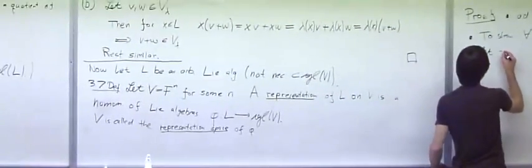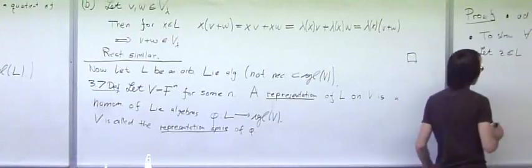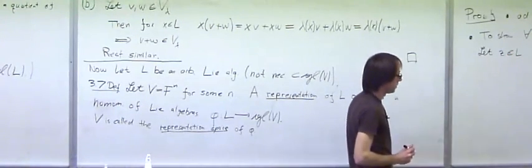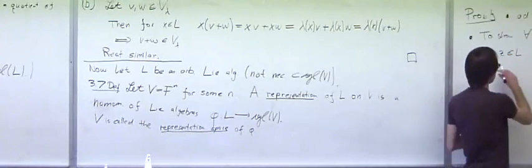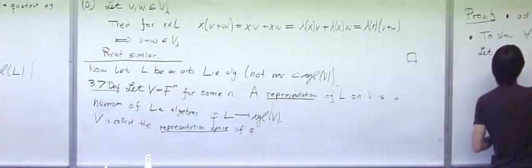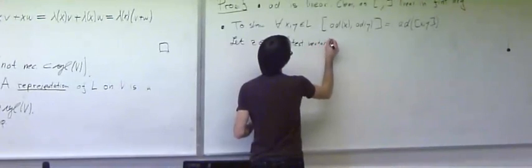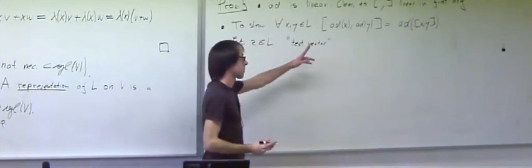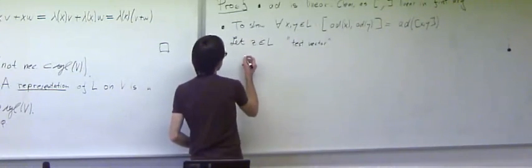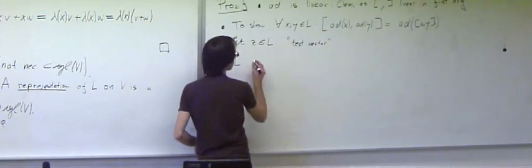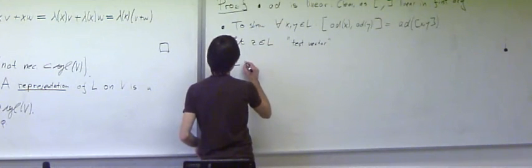So let z be an element of the Lie algebra. So z has the role of a test vector. We prove this equation by evaluating it.